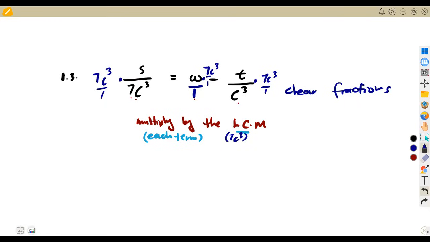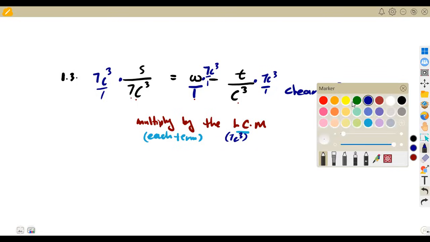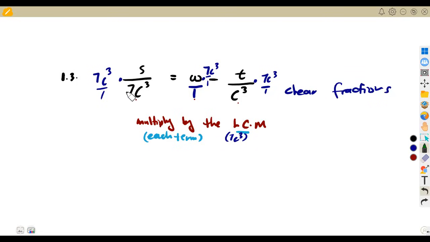The moment you do this, you can apply your multiplication concept, whereby you cancel the numerator with the denominator where it is common. So we remain with 5 is equal to, here we're just going to multiply directly. We are not canceling anything. It's omega times 7c cubed, which gives us 7c cubed omega, or 7 omega c cubed.